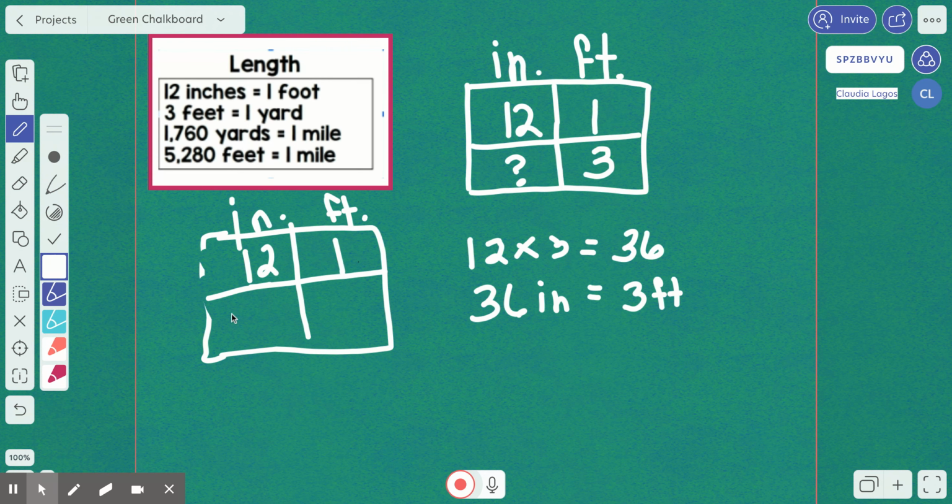So in this case, we have 48 inches, and we want to know how many feet are in 48 inches. So this time I'm going to take 48 and divide it by 12. Sorry, this was a question.